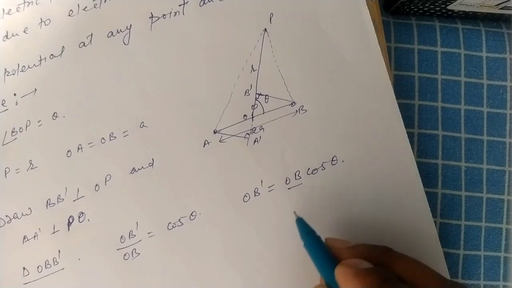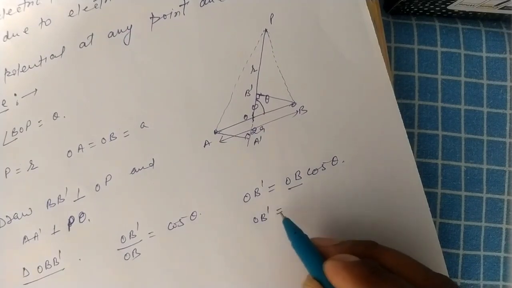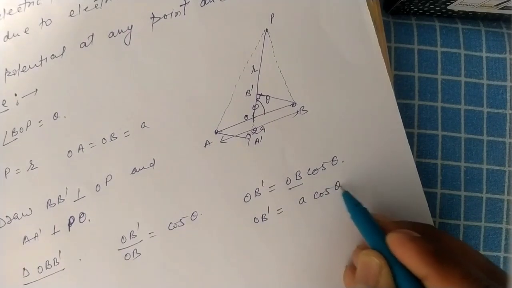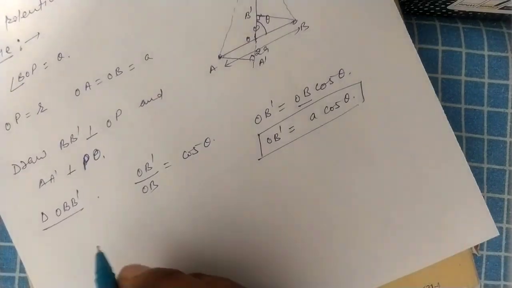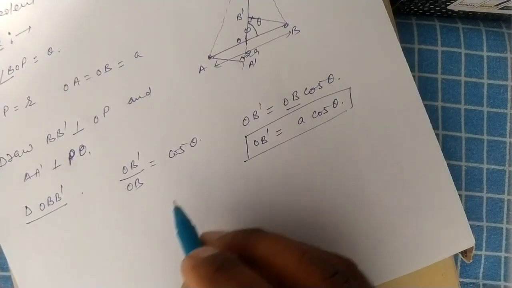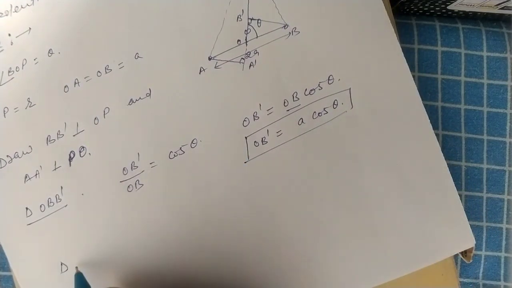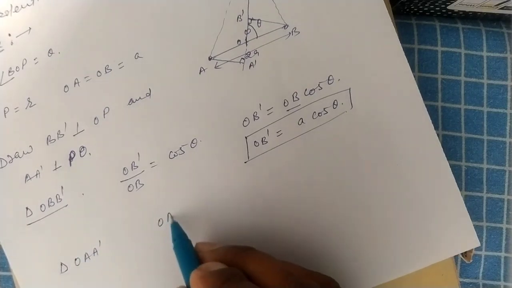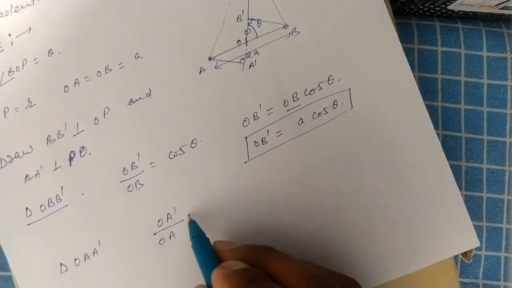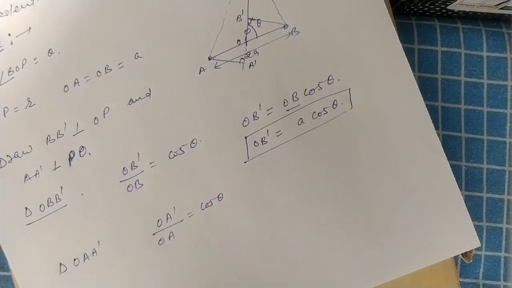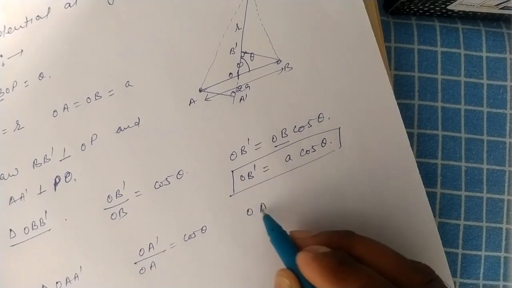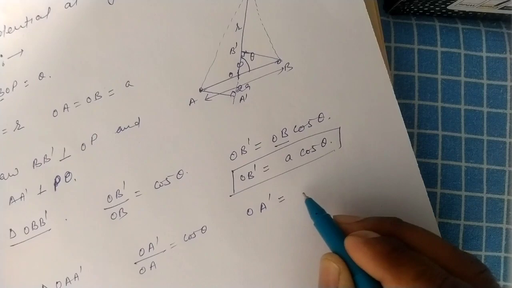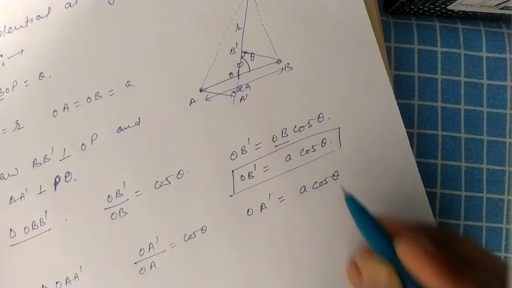OB is equal to a, so we can write OB dash is equal to a cos theta. And also in triangle OAA dash, OA dash divided by OA is equal to cos theta, and OA dash is equal to a cos theta.